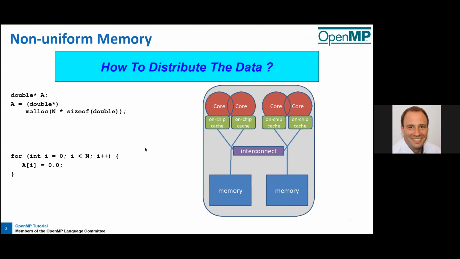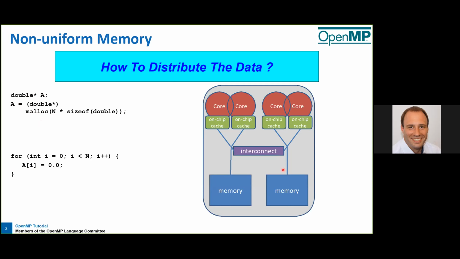You have an array, let me call it A, and assume n is of a reasonable size, so that the array is, let's say, a couple of 100 megabytes in size. You declare the pointer and then you call malloc, and from there on you can work with A. In almost all reasonable cases, first you have to initialize the array A before making use of it. And here we are initializing the array A with a value of 0.